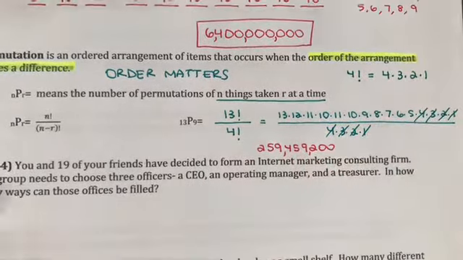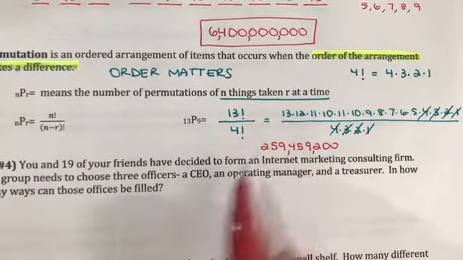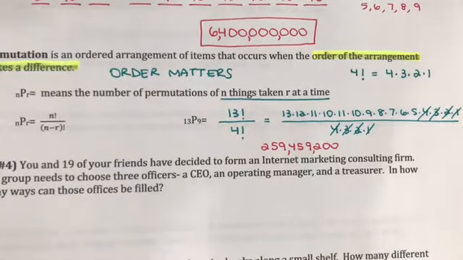So that's telling us that there are this many different options, and we call those options permutations.